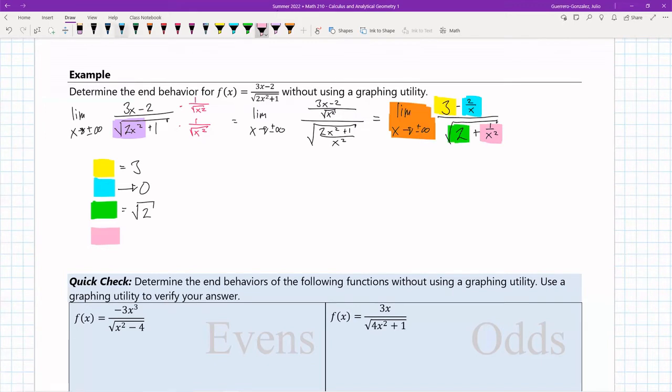I'm taking the limit as x approaches positive or negative infinity of the square root of 1 over x squared. Again, we're using that idea: my x's are getting infinitely bigger, whether they be positive or negative. 1 is a fixed number, so this thing tends towards 0.